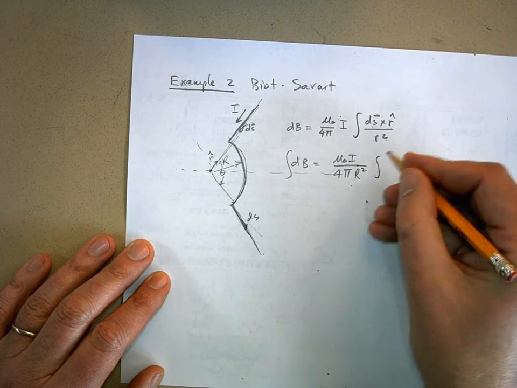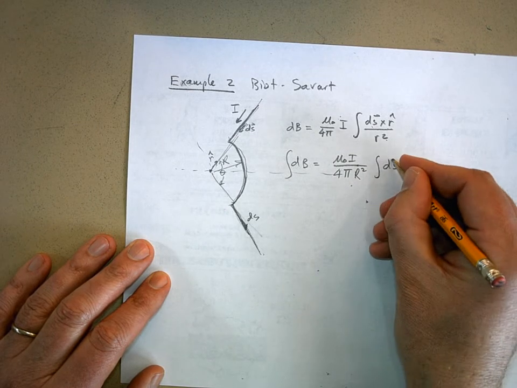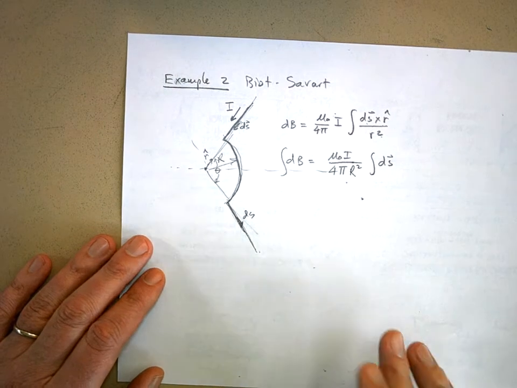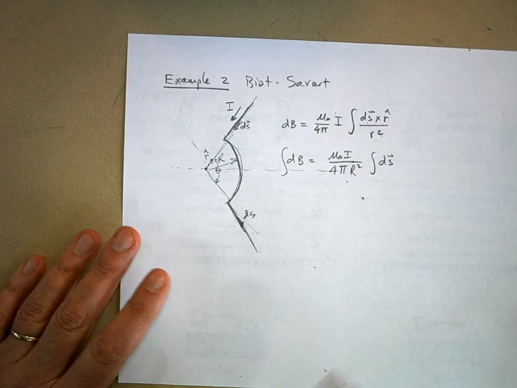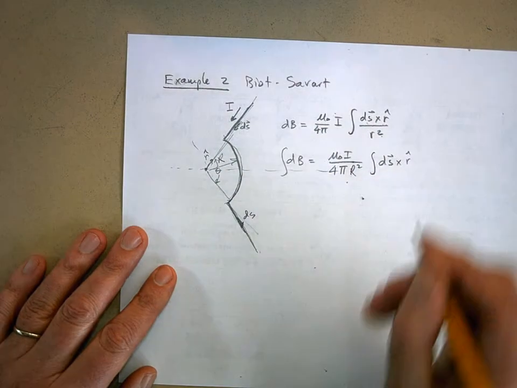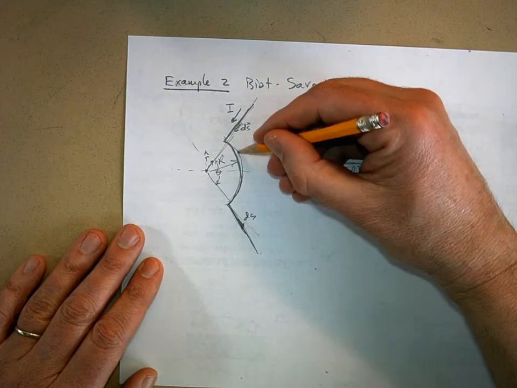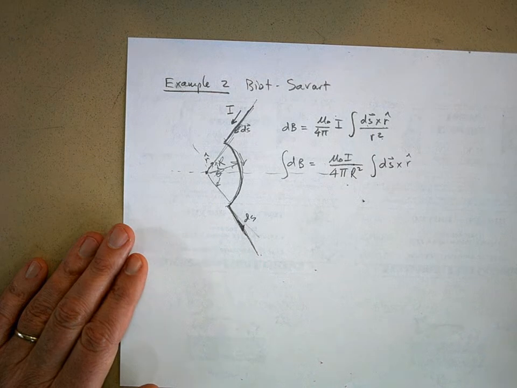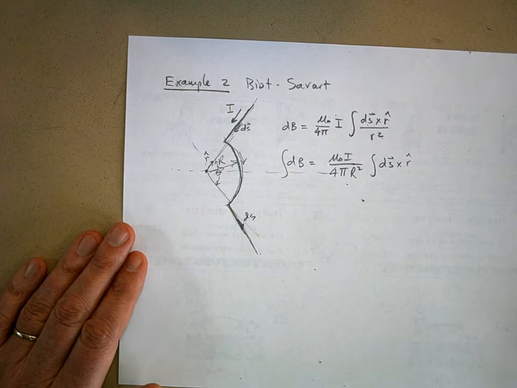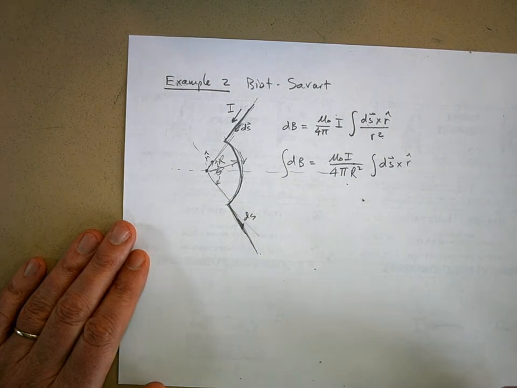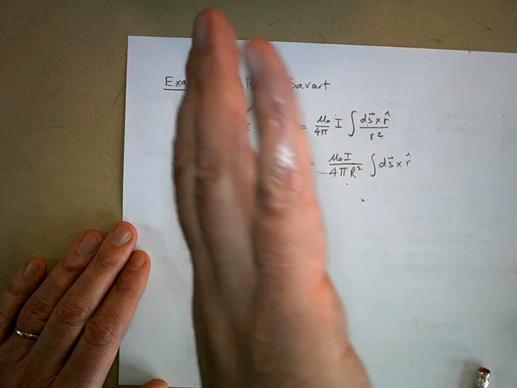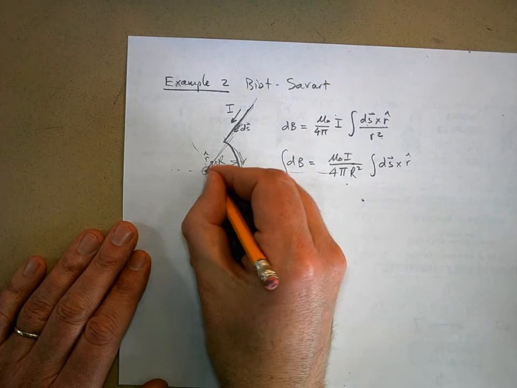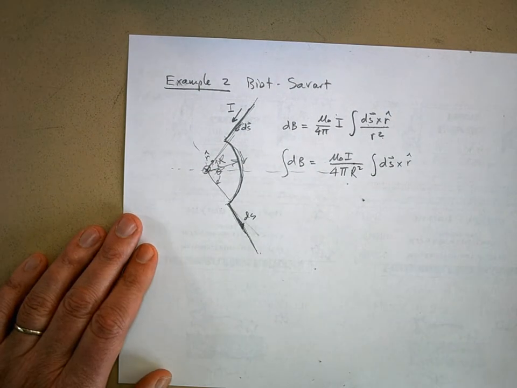And so now all I've got to do is integrate ds. Oh, and then we have this cross r hat. If the current is going like this, and my r hat is like this, r hat crossed into there, it's going to be into the board. The magnetic field is going to be into the board here.